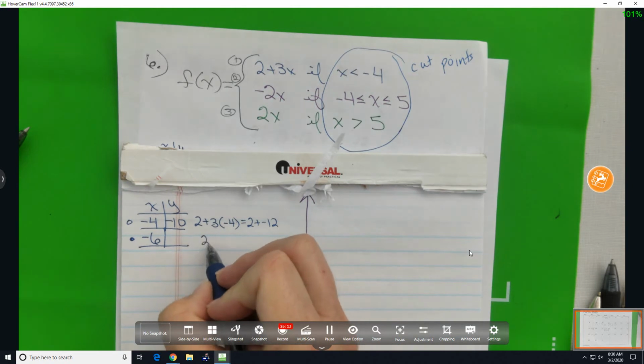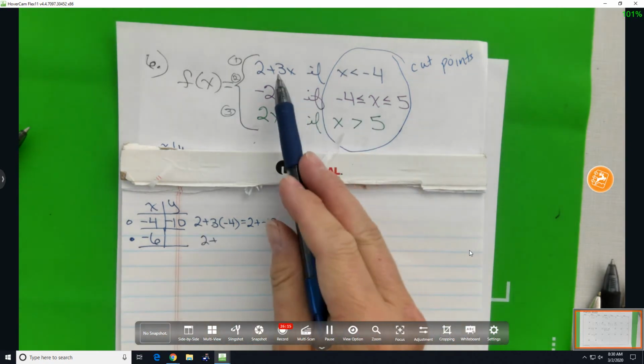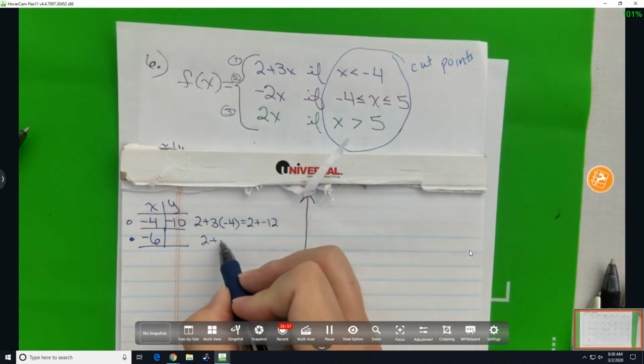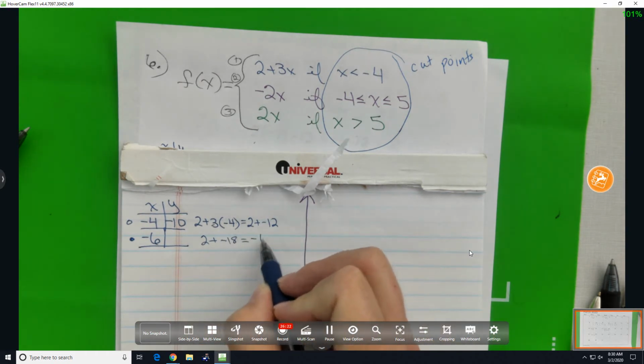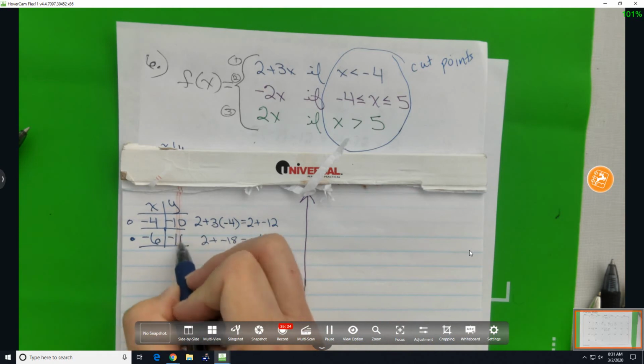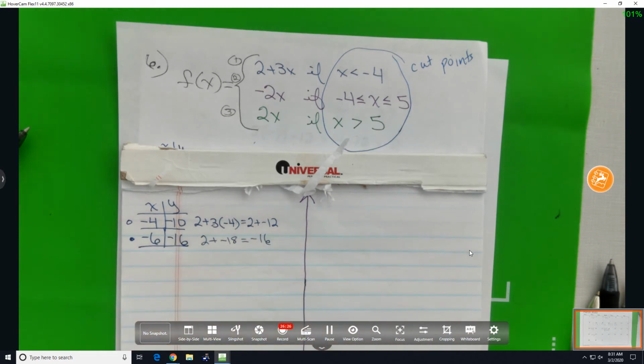That'll be 2 plus 3 times negative 6, which is negative 18, which gives me negative 16, I agree. So we go to negative 4, negative 10, and we have an open circle.